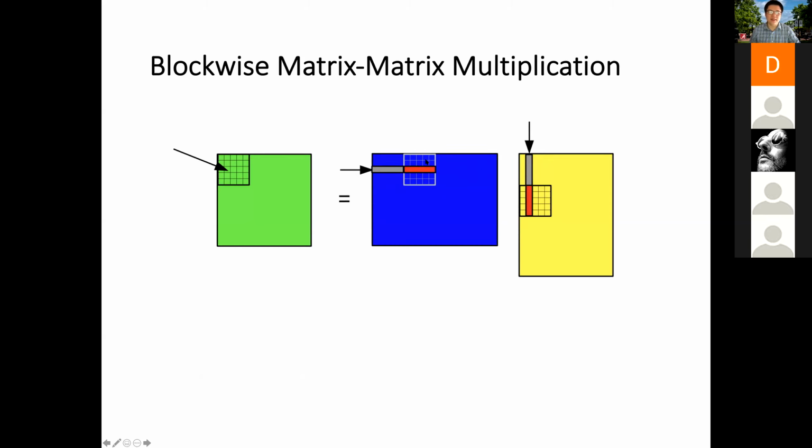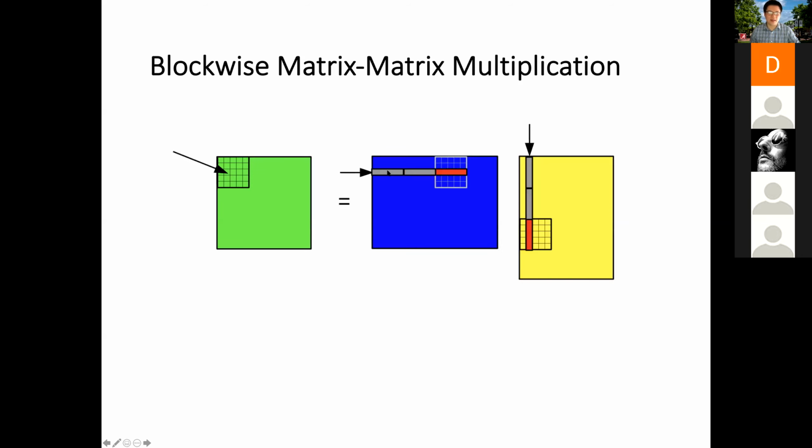Then I move forward, calculate the next partial row times column, and accumulate this value to C. You can see the position of C is not changing. We just move the row and move the column, calculate the partial row times partial column, and accumulate the result to C. After we finish that, we finish one row times one column, and we get the value of C. So that's the general idea.